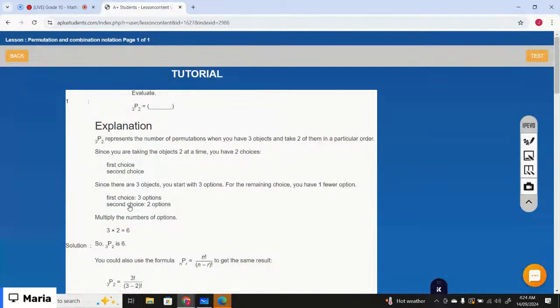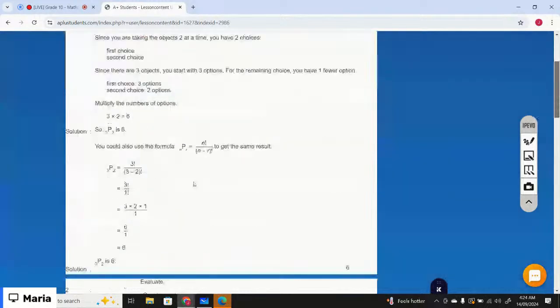The formula you use to evaluate permutations is n factorial divided by n minus r factorial. N is 3 and r is 2. So that would be 3 factorial divided by 3 minus 2 factorial, right? That is, 3P2 is 6. So the correct option is 6.